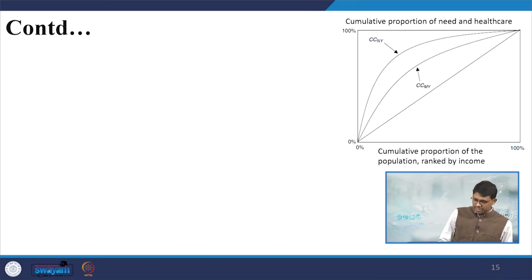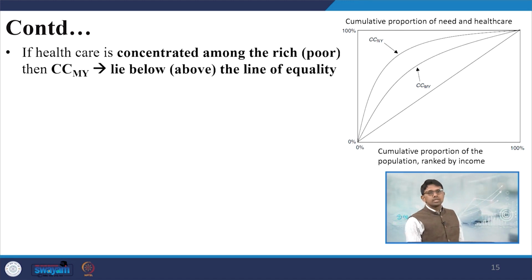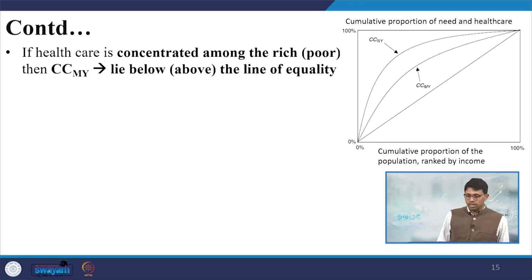If it is equal, that means horizontal equity is maintained. If healthcare is concentrated among the rich or the poor, it will deviate from the line of equality. If it is biased towards the rich, then that line will be above the line of equality.